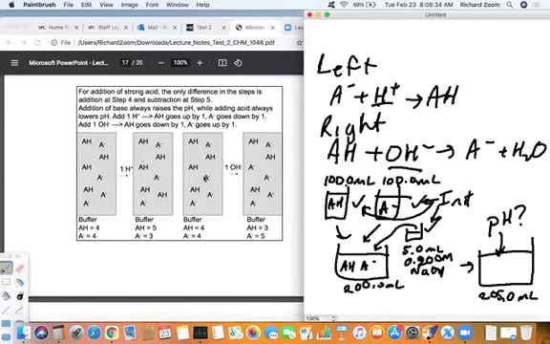This is reflective of what's going on here on the right-hand side of this slide. When we add OH minus, because of what I had showed you here, you'll notice the AH goes down and the A minus goes up.